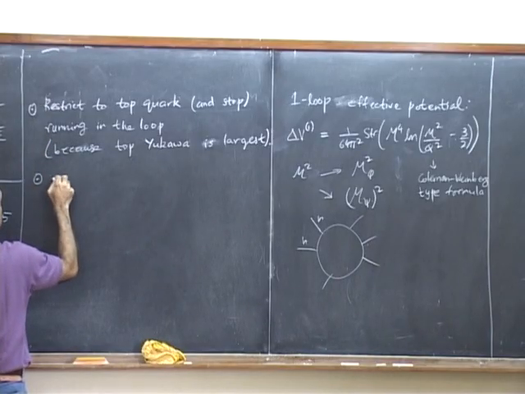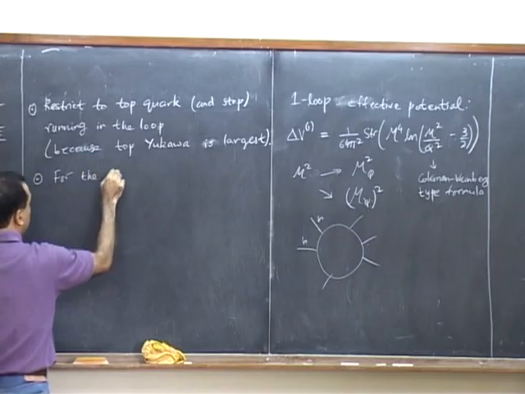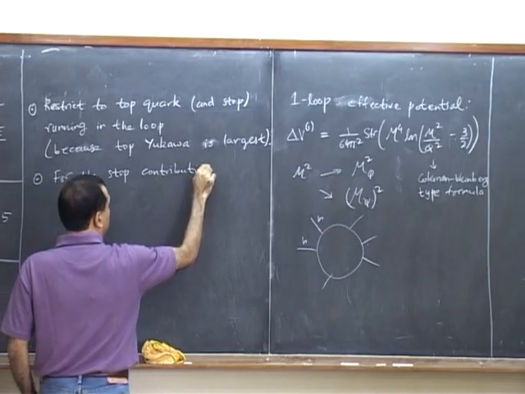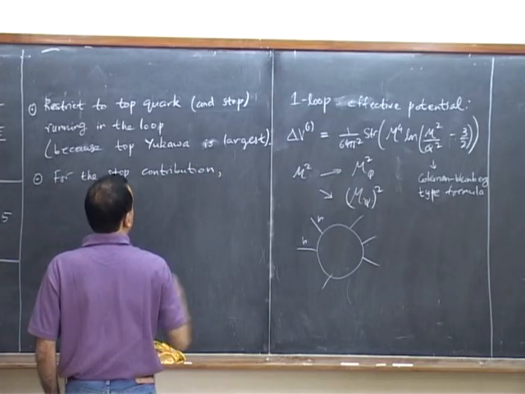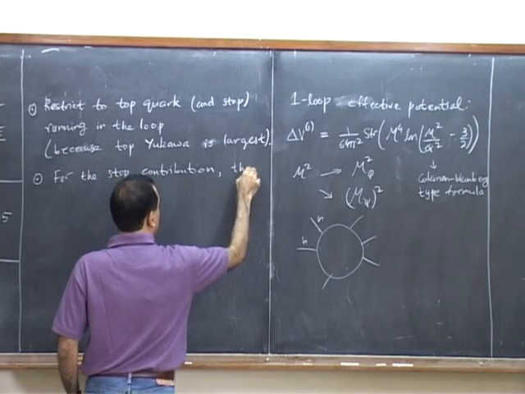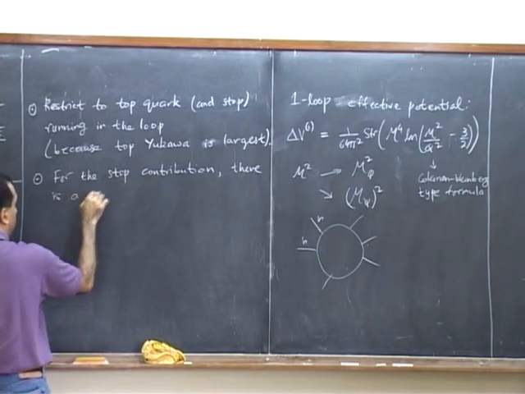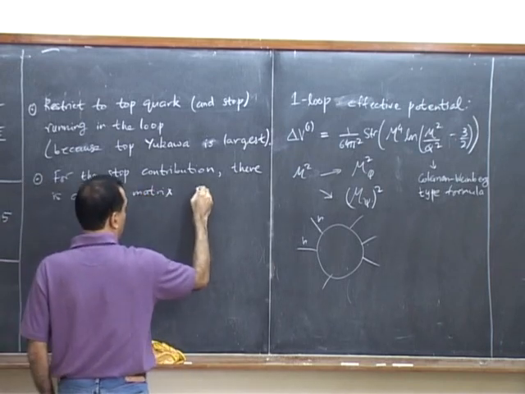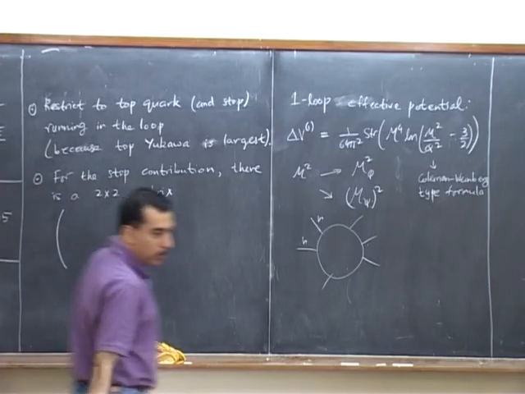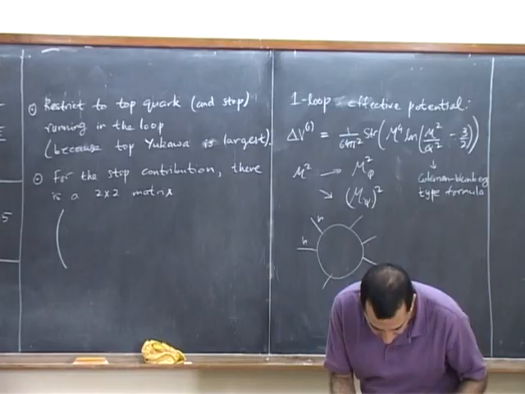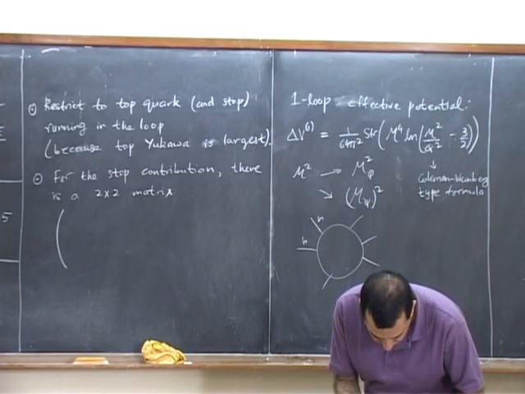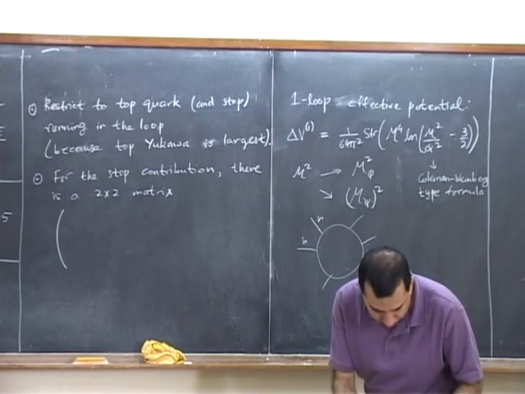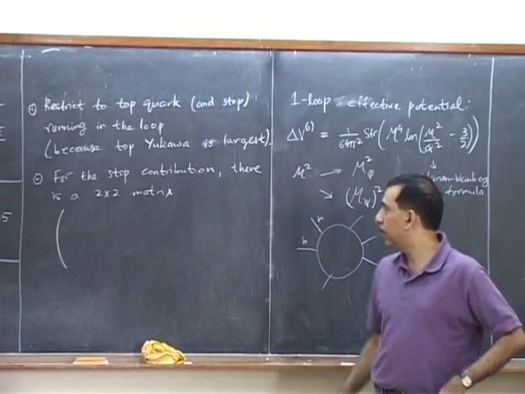The next comment is that for the stop contribution, I wrote the matrix long ago in this course in the context of the tau lepton, the stau.